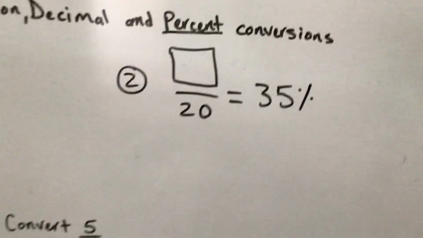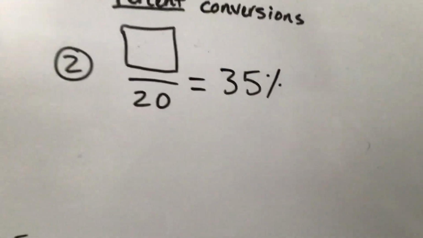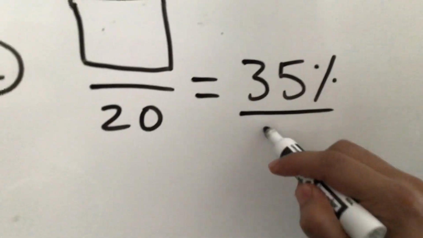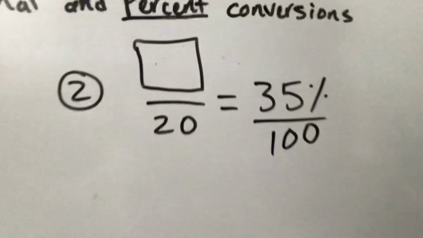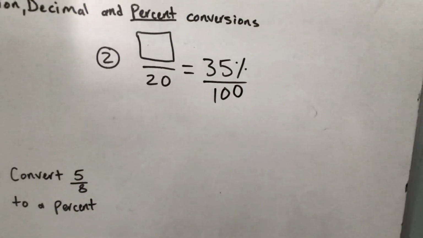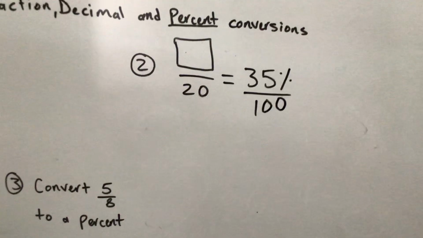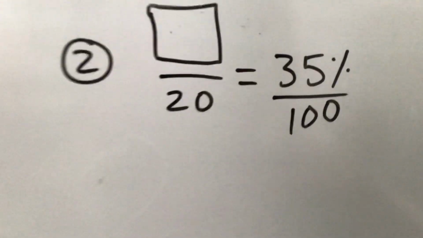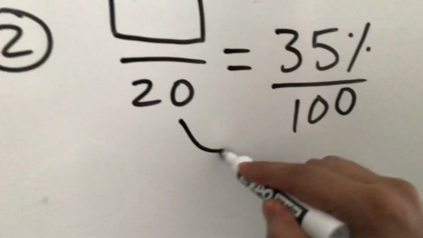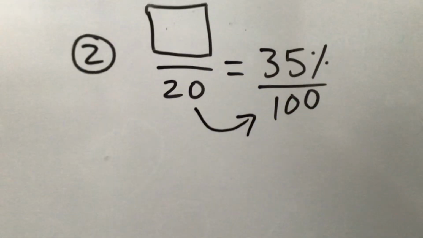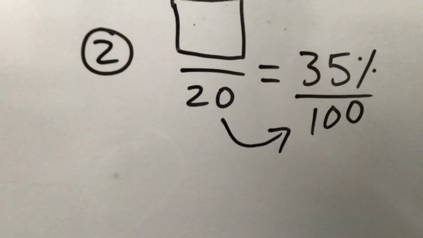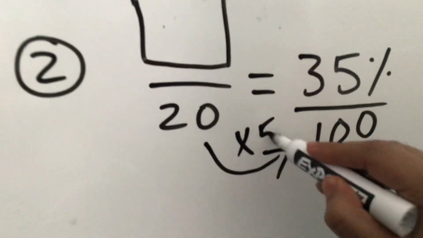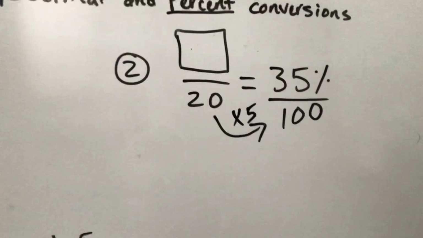So if they're giving you the 35%, put the 35 out of 100, because percent is always based out of 100. And now, an easy way out is to find the scale factor. How would you go from 20 to 100? Well, you can say that times 5. 20 times 5 will equal 100.